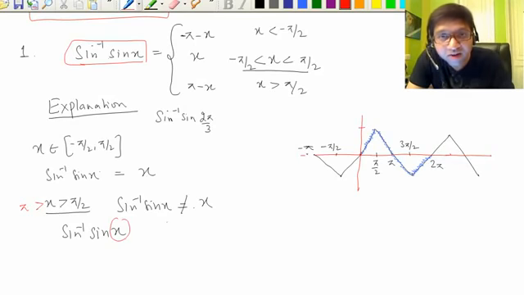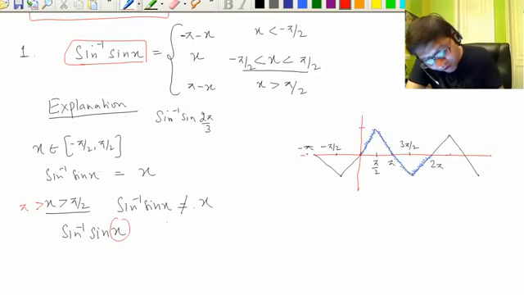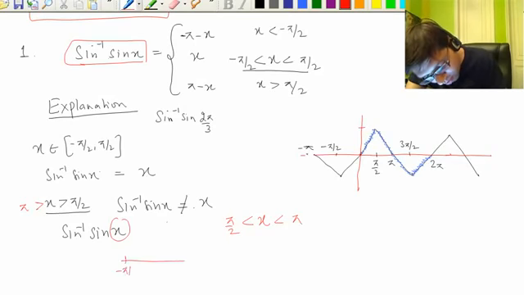This angle is outside the principal value branch, from minus pi by 2 to pi by 2, and it has gone ahead of pi by 2. So we have to pull it back into the principal value branch. So we subtract pi from all the sides.